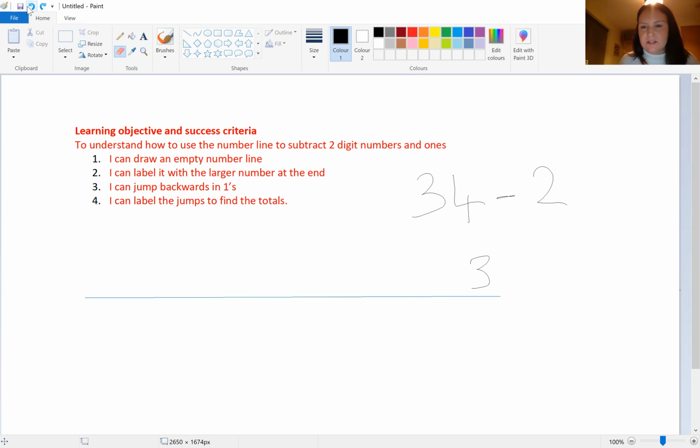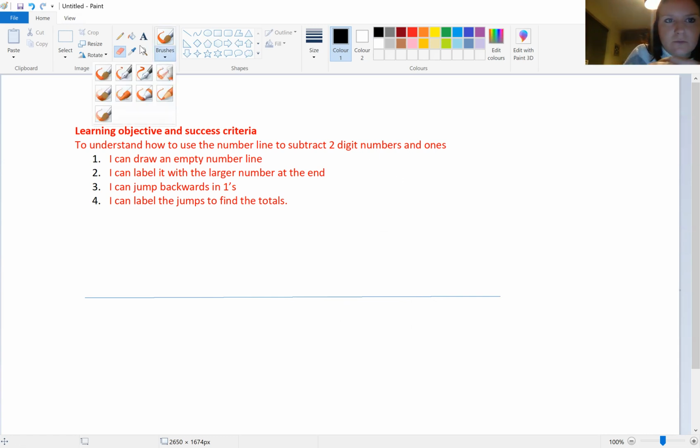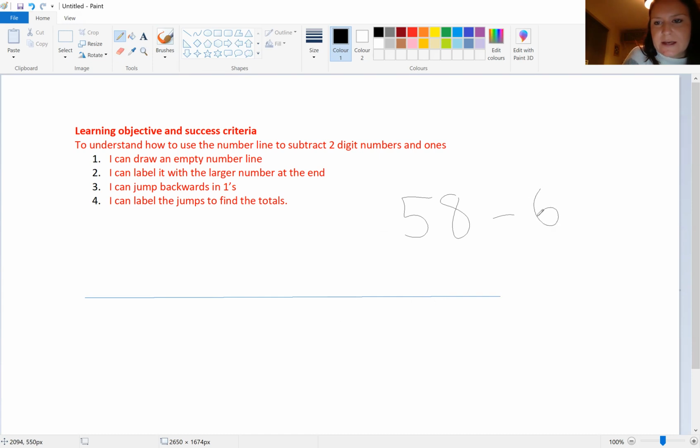Okay, let's do this with a different calculation this time. Let's do it with 58 subtract 6. So draw my empty number line. My starting number is going to go at the end.